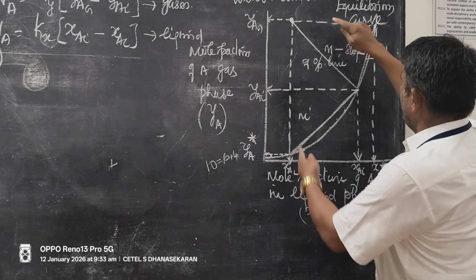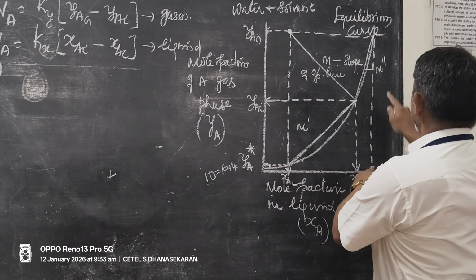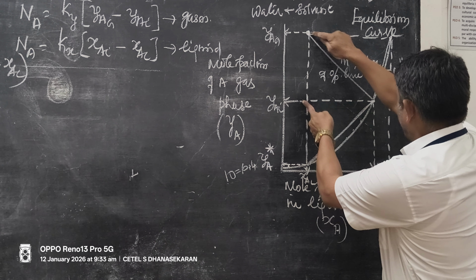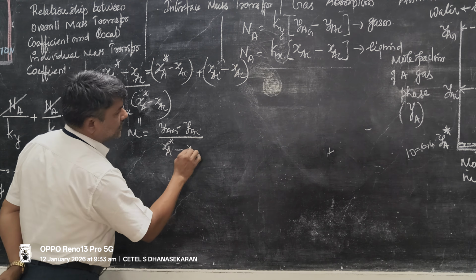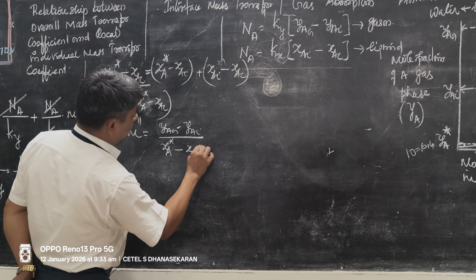For this slope, dy by dx: dy means yAG minus yAI, and dx means xA star minus xAI. So m double prime is equal to yAG minus yAI divided by xA star minus xAI.